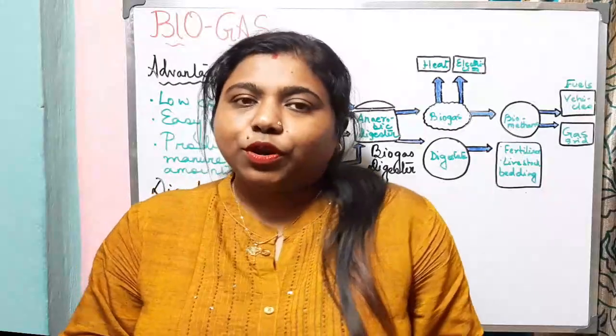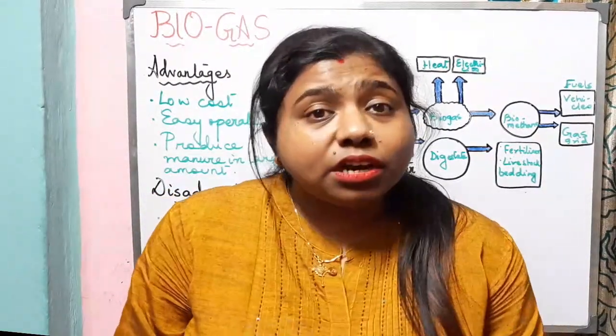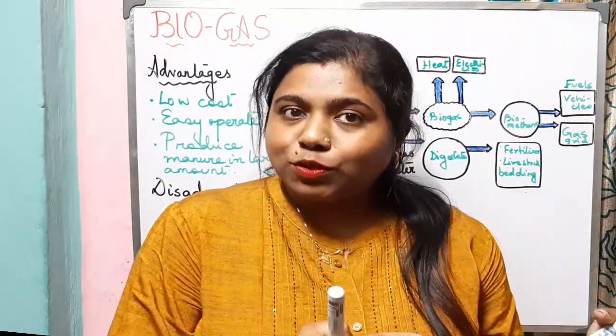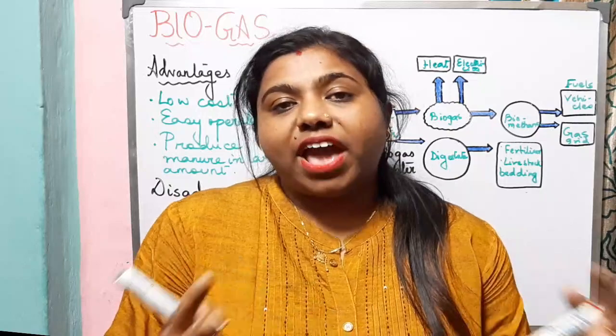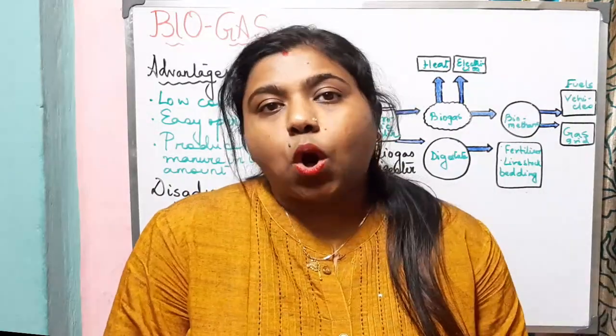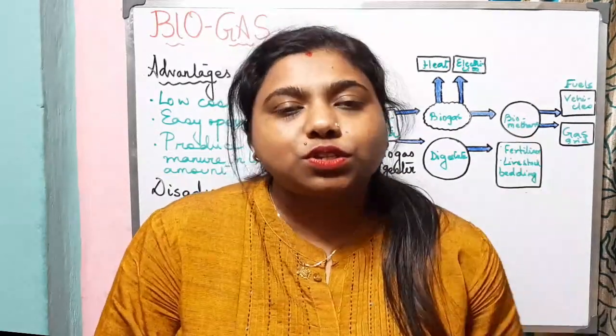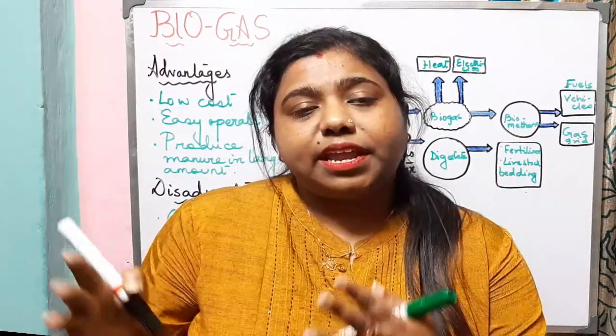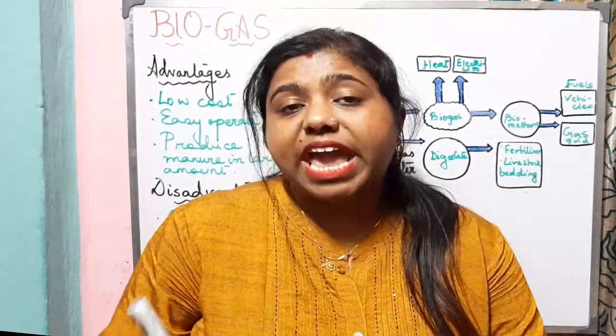So in this chapter, what have we learned? We have learned that energy is all around us. There are some sources of energy which are available in abundance, and we call them non-conventional sources of energy, and there are some sources of energy which are available in a limited amount, and we need to take care of them.